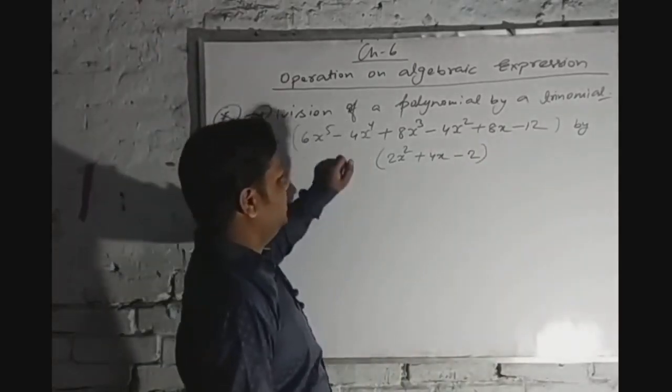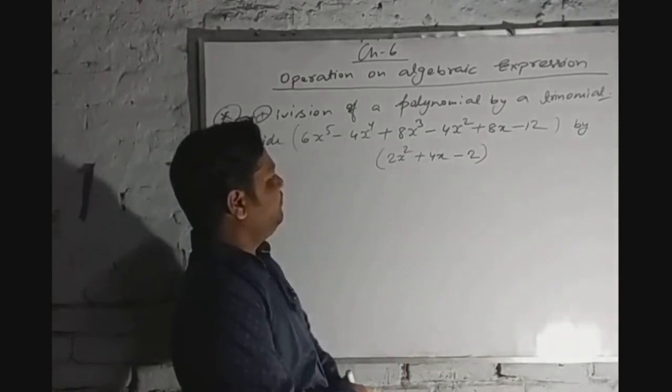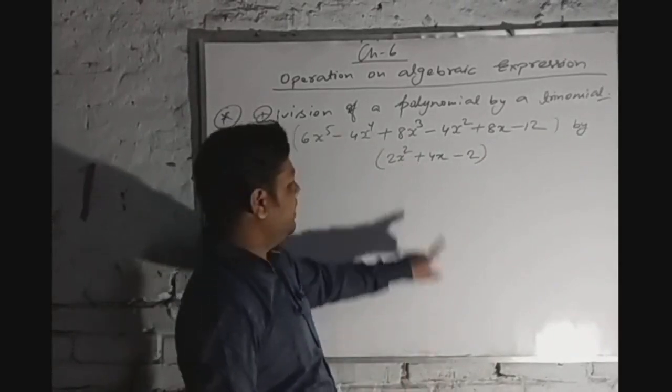Here you can see it is the polynomial and it is the trinomial, and we have to divide it.